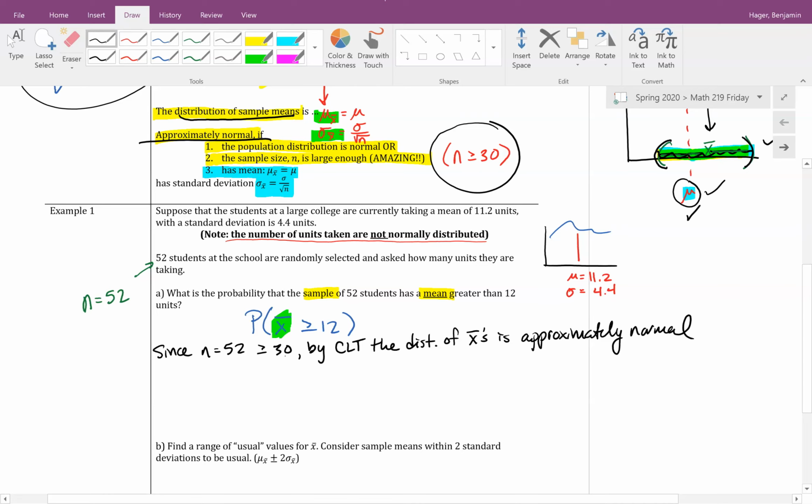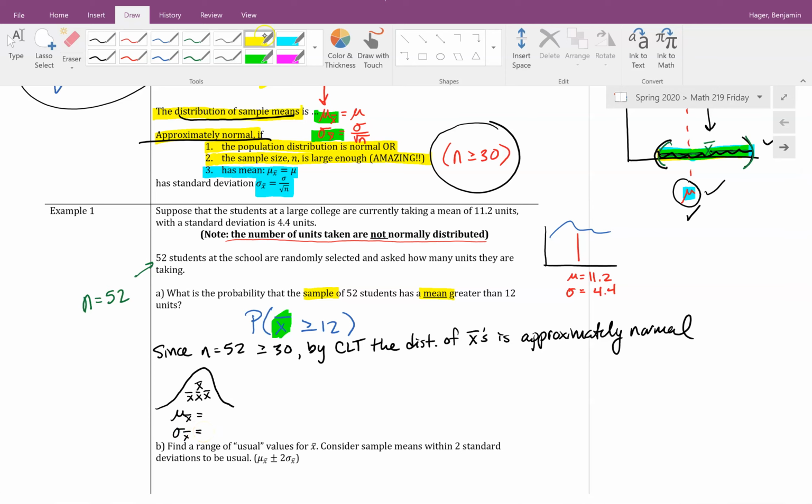If I'm going to use StatCrunch or a z-table, I know the distribution of all these x bars is normal, but that's not entirely enough. What I need to know is the mean and the standard deviation of those.